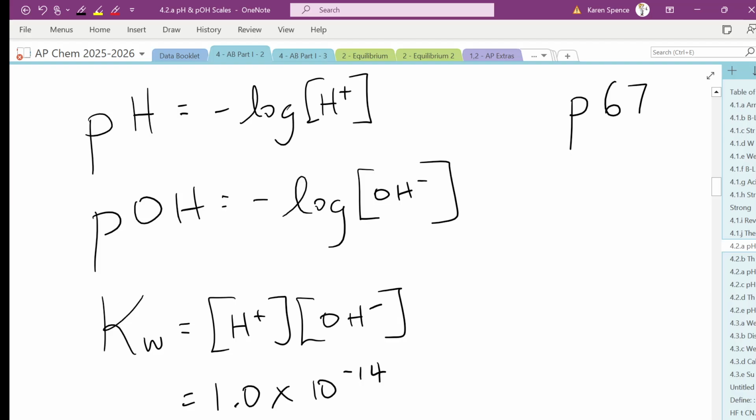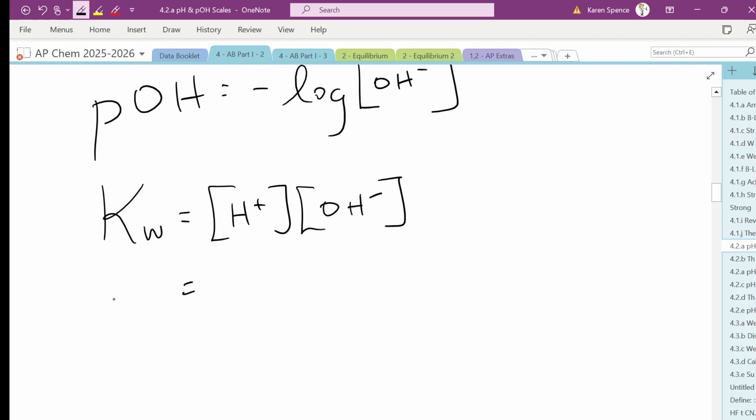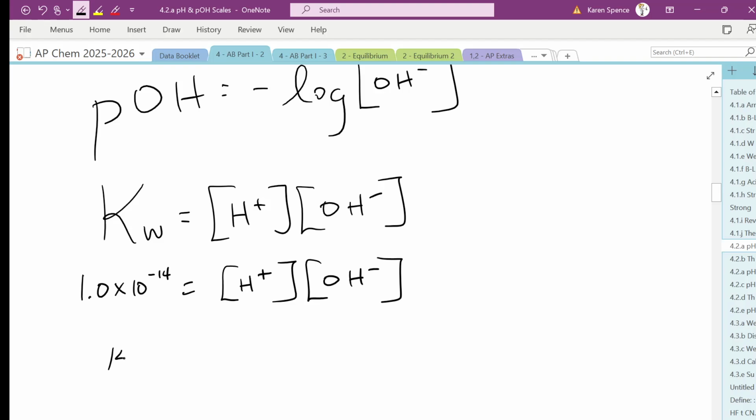Kw is equal to, actually I should do it this way. 1 times 10 to the negative 14 is equal to the H times the OH. And we also now know that 14 is equal to the pH plus the pOH.